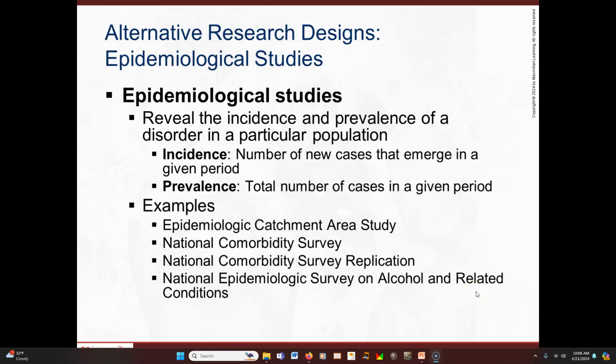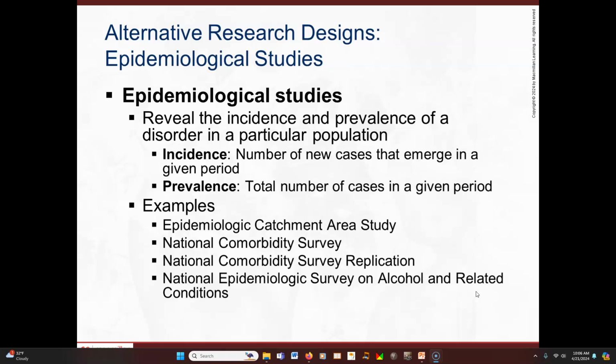In this slide, we talk about epidemiological studies. Epidemiological studies reveal the incidence and the prevalence of a disorder in a particular population. I gave some definitions of what incidence and prevalence mean.